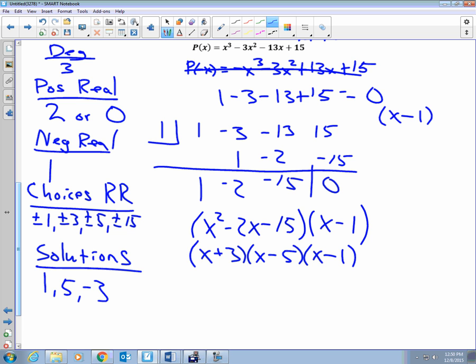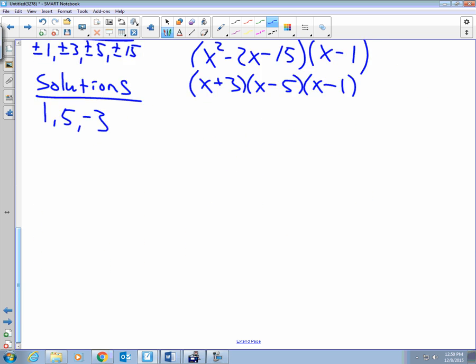The last thing we need to do is be able to sketch the graph. This is third degree. It's positive, so it ends which direction? Up, and it will begin down because it is odd.